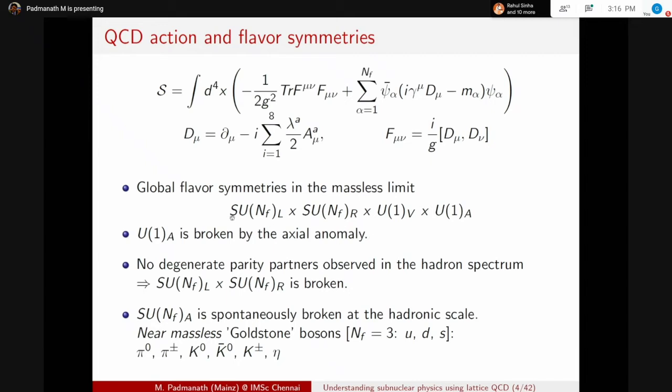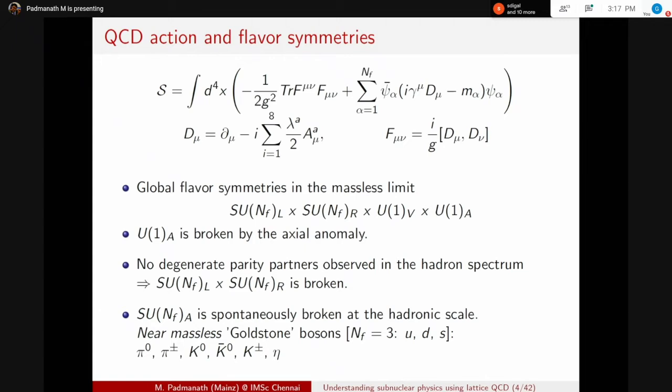Now, the more interesting part is this SU(N_F)_L cross SU(N_F)_R. We know from experience that there are no energy degenerate parity partners observed in the hadron spectrum. That clearly means that SU(N_F)_L cross SU(N_F)_R is broken, because if the symmetry were there, then there should be parity partners in the spectrum, but this is not observed.